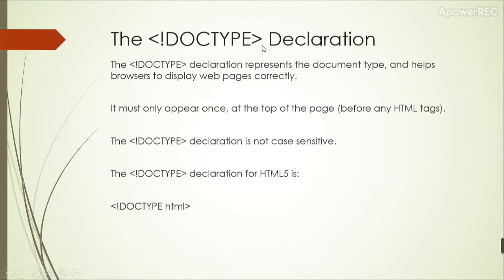The doctype declaration. The doctype declaration represents the document type and helps the browser to display web pages correctly. It must only appear once at the top of the page before any HTML tag. The doctype declaration is not case sensitive.